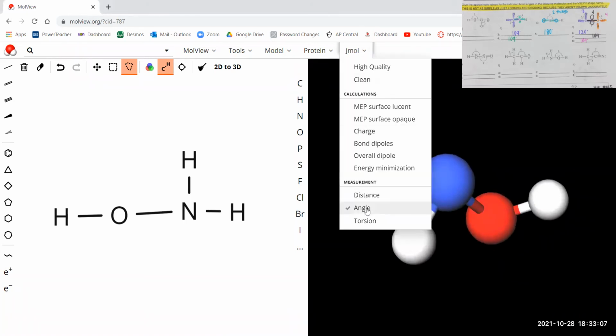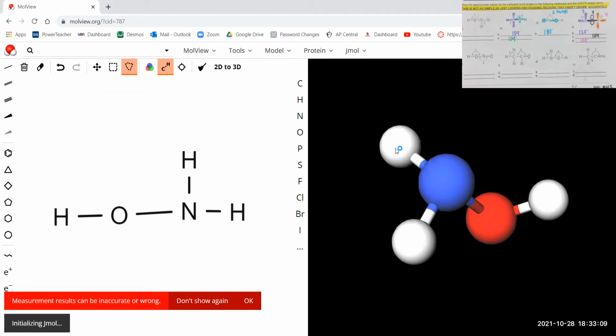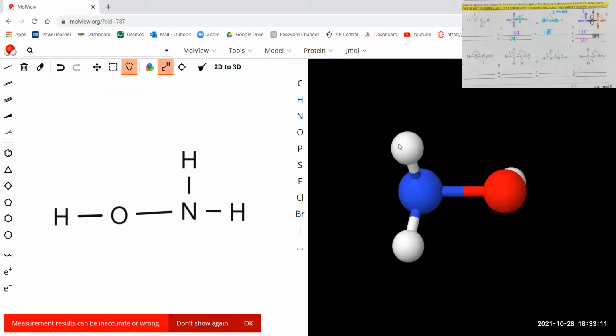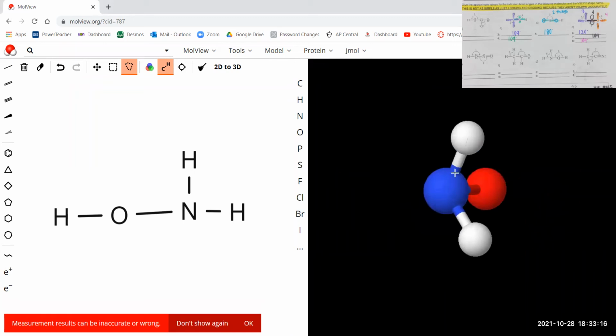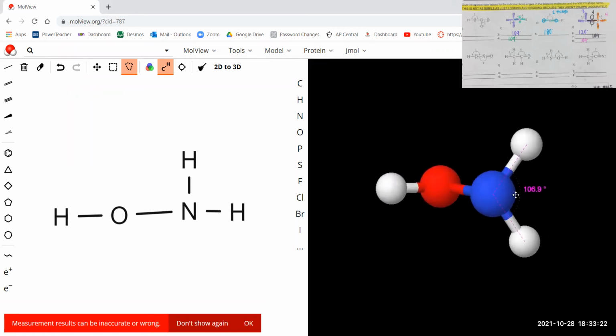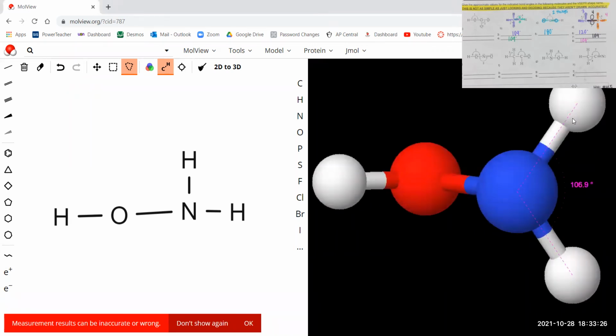You can actually click angle, and I think my computer might be too old here, but look, it's showing me my angle here. I took the angle on the nitrogen, and zooming in, it says 106.9, basically 107.